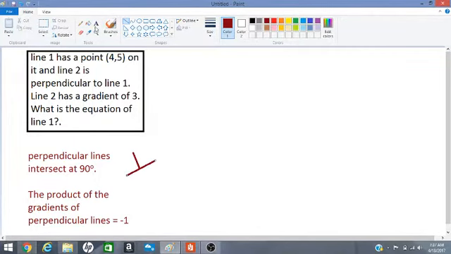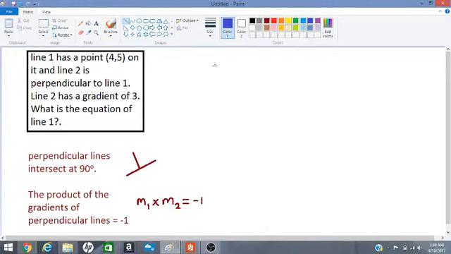The product of the gradients of perpendicular lines is equal to -1. So if we have one gradient m1 multiplied by the gradient of the other line m2, we will get -1. Note this very well.